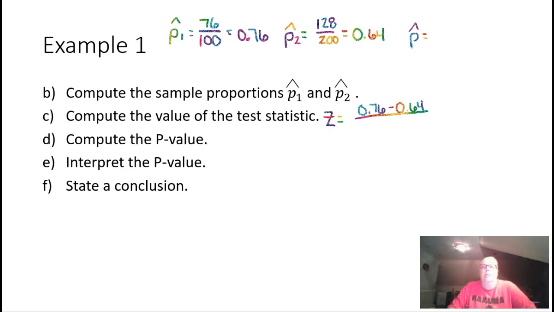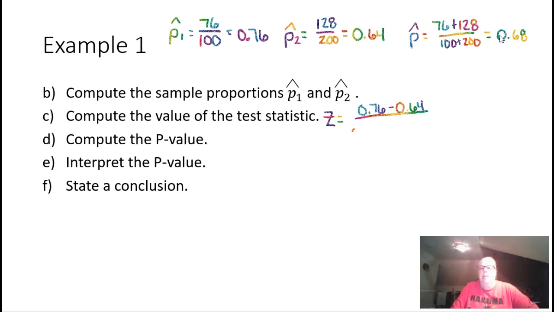In other words, 76 plus 128, these are all the people in both samples who felt substantial relief, divided by 100 plus 200, those are all the people that were included in both samples. Let's put this in the calculator. And this is going to give me 0.68.